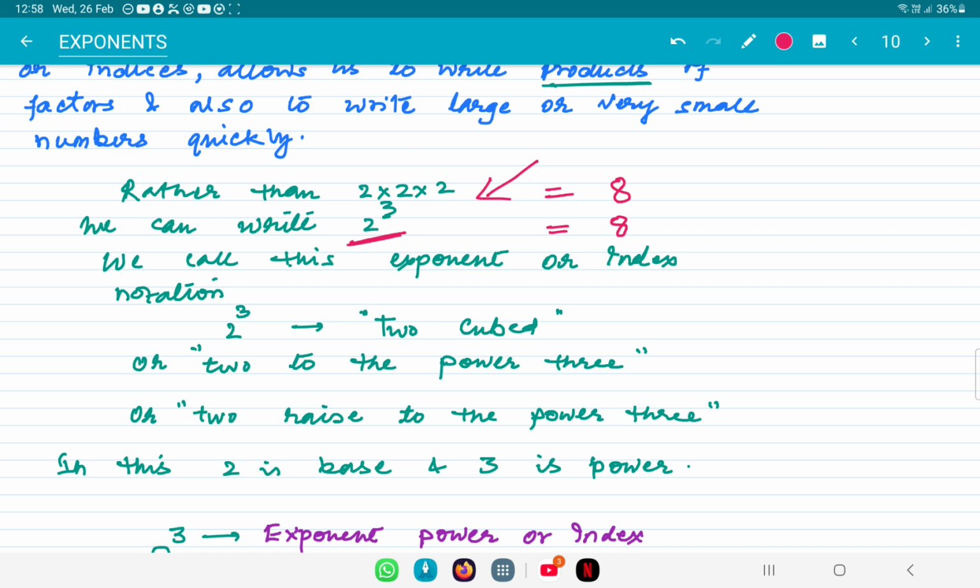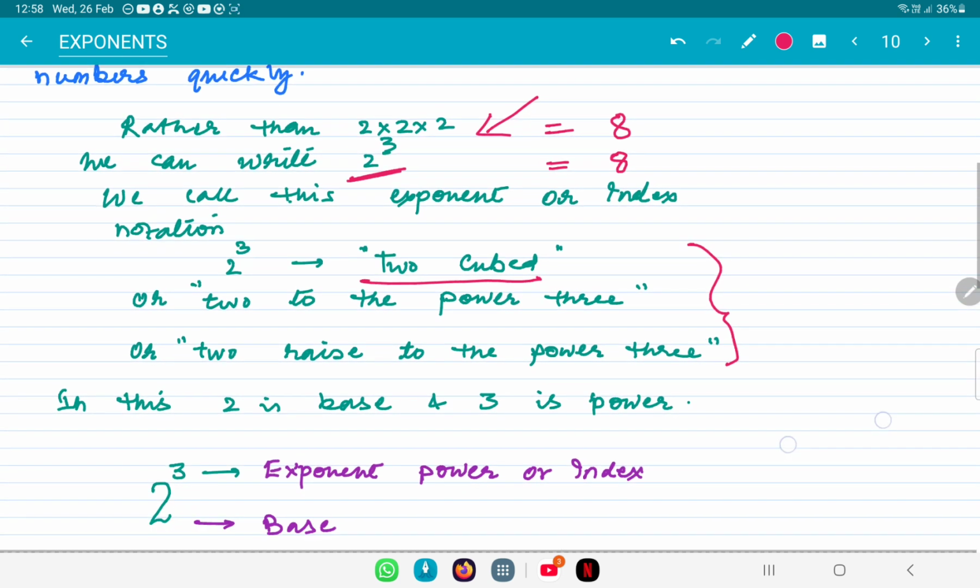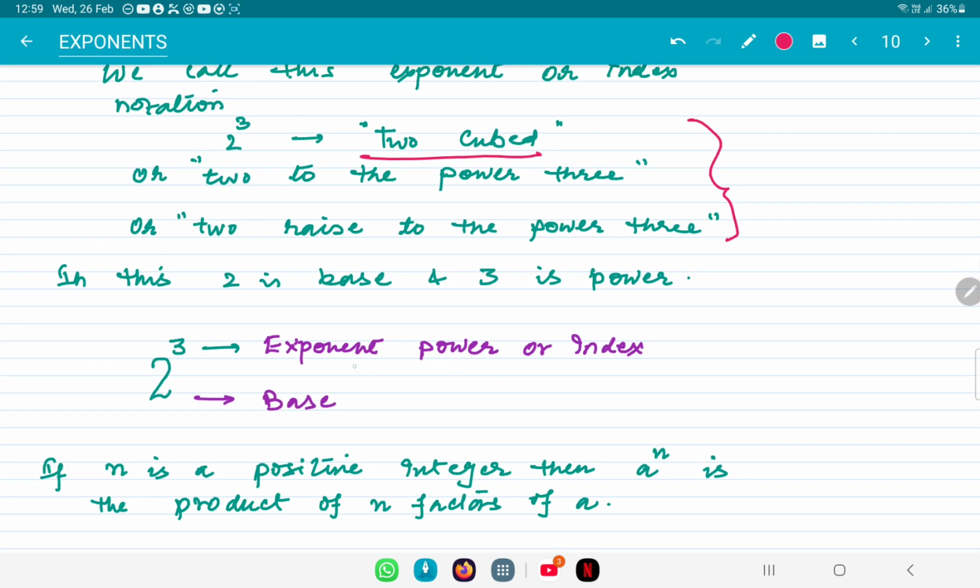Any number we can write in base as well as index form. 2 raised to the power 3 is also known as 2 cubed, or we can say 2 to the power 3. Everything is the same, whichever is easy for you, you can use it. In this, 2 is the base and 3 is known as the power, or exponent or index.